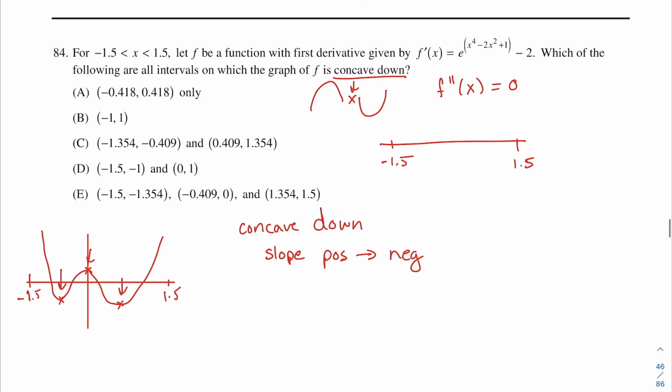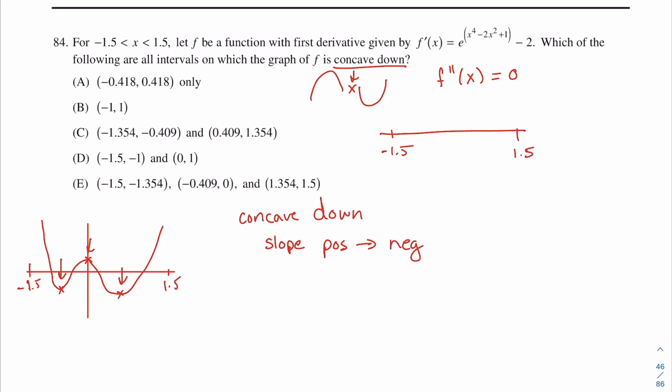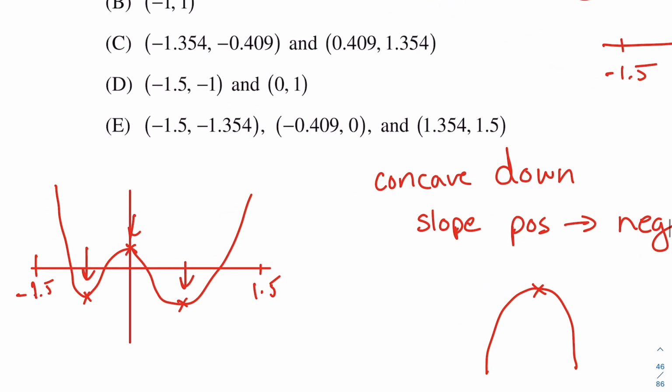And if you remember why that's true, it's because a portion that's concave down has a maximum, which means the slope in front of that point is positive and the slope after it is negative. So if we look at our intervals, for this first interval, the slope here is negative. So this is not concave down. There's no positive slope.